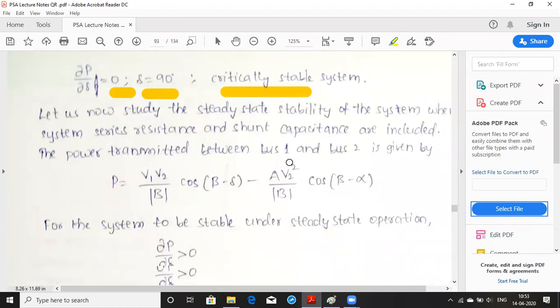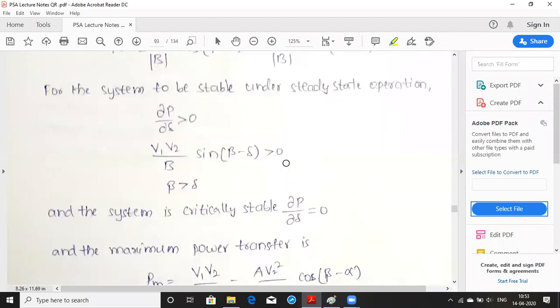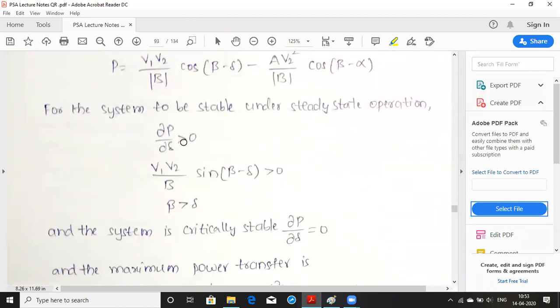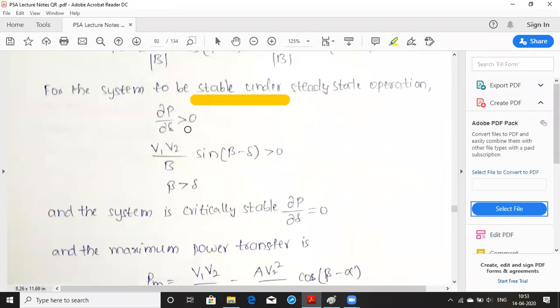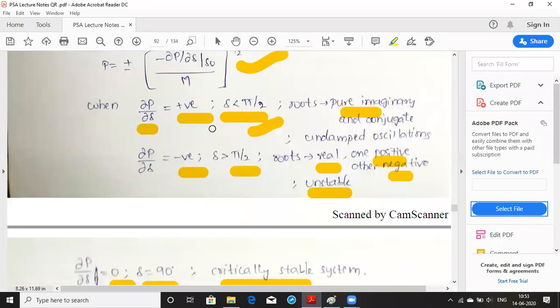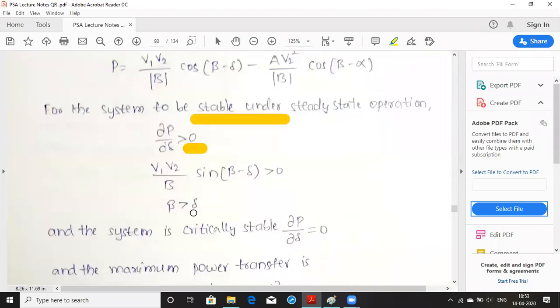Now we can also derive one condition, which we have already done, but including the action of dP by d delta. For the system to be stable under the operating condition, we say that dP by d delta is positive, that means it is greater than 0. If it is negative, it means less than 0.